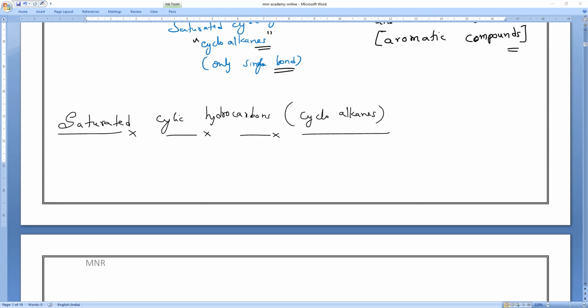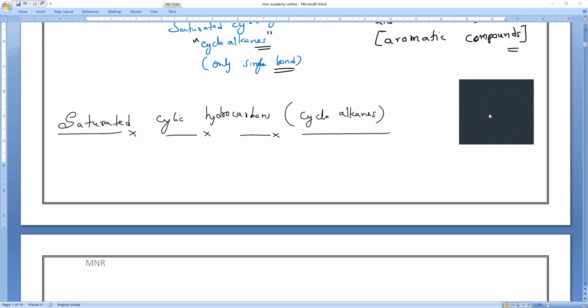So let us see this cyclic saturated hydrocarbon. Keep in mind, whether saturated or unsaturated compounds, it doesn't matter. Whatever it is, it is cyclic. What do you mean by cyclic? Anybody can tell?